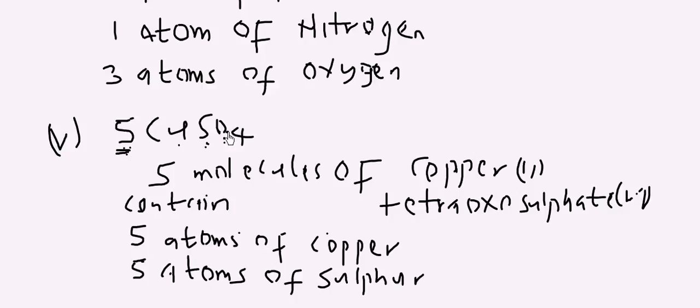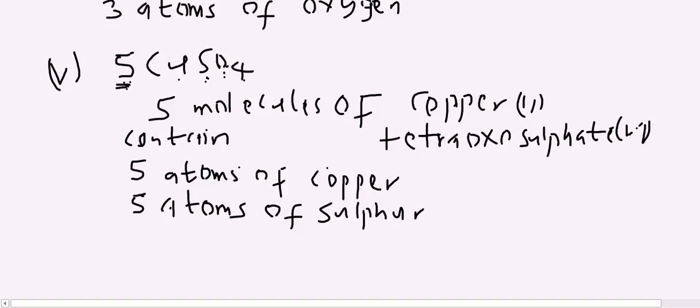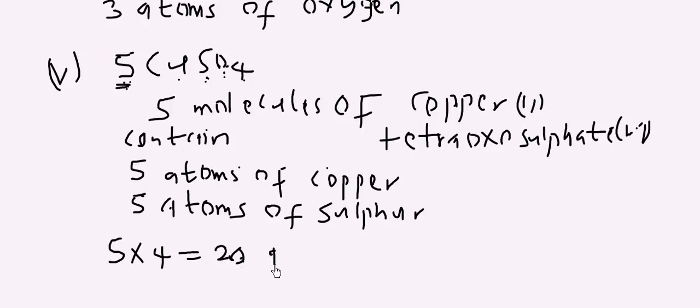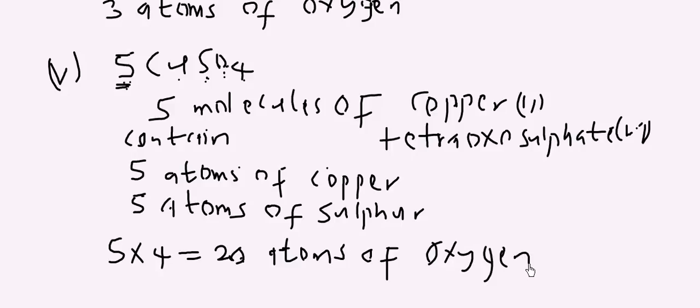We have 4 atoms of oxygen here, O4, so it will be 5 times 4, which is equal to 20 atoms of oxygen. So that's how to interpret a chemical formula.